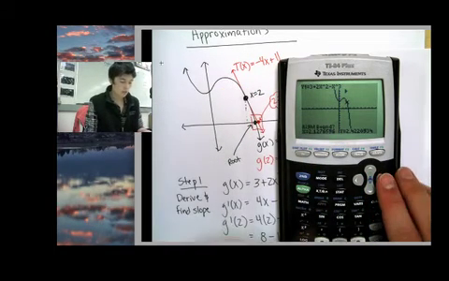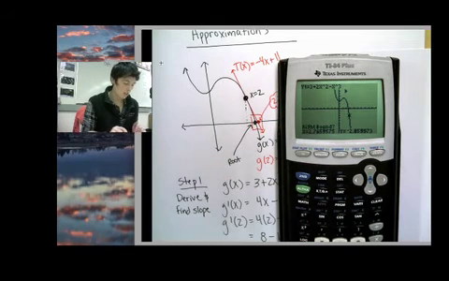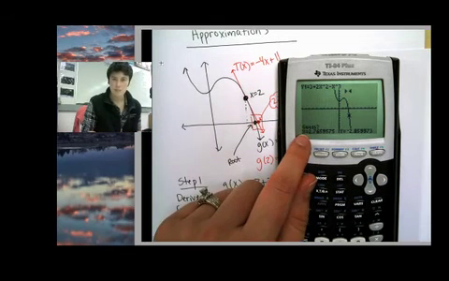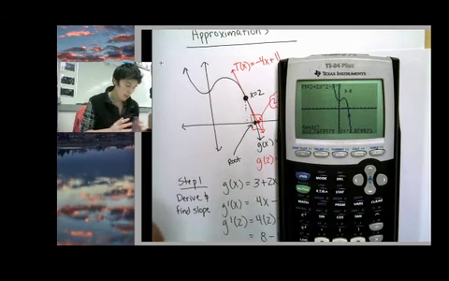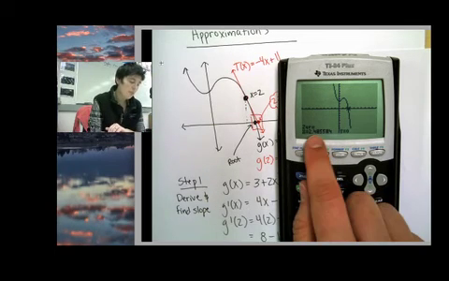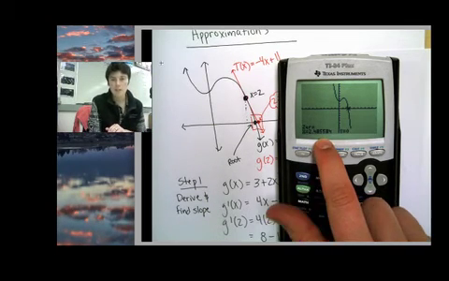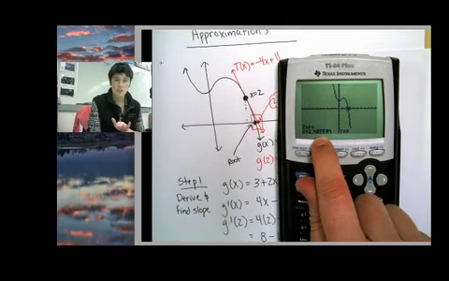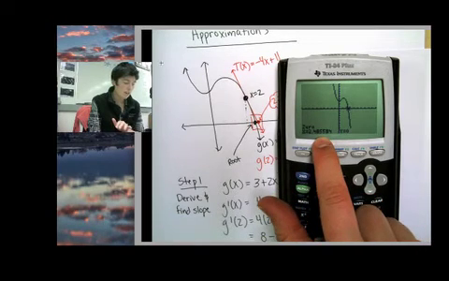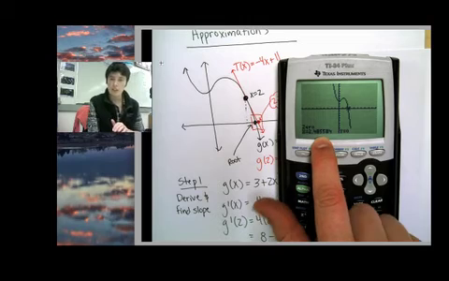And then I'm going to scroll down here to the right side, hit enter. It's going to say guess, so I hit enter again, and it says that my 0 is at 2.485584. Pretty dang close to our approximation. So not too far off.